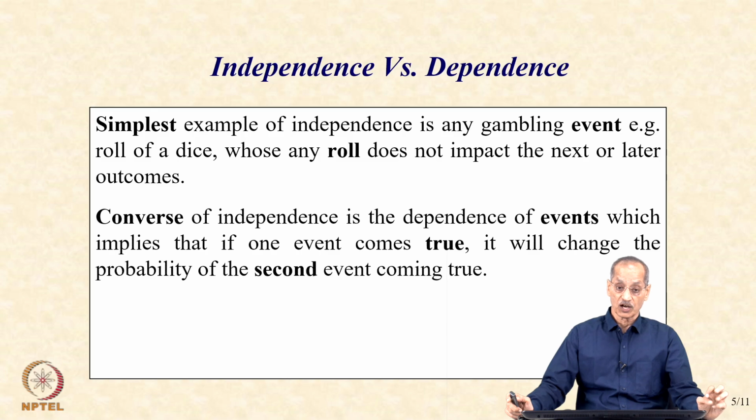Of course, the converse of this would be that when the events are dependent on each other, so we say that if there is an event which comes true, which means which happens, it will change the probability of the next event coming true, which means now there is a dependence of the next event x on the event y occurring.